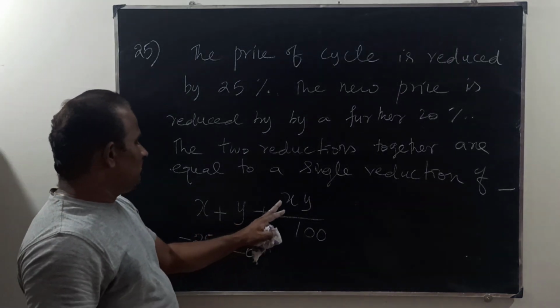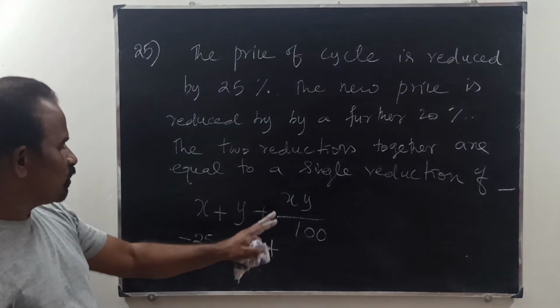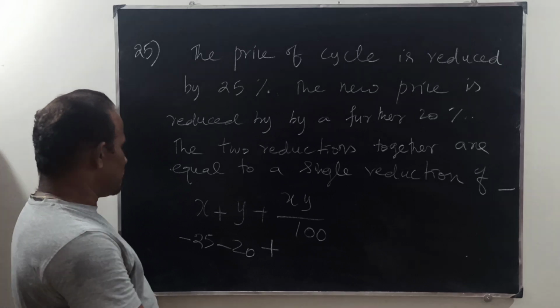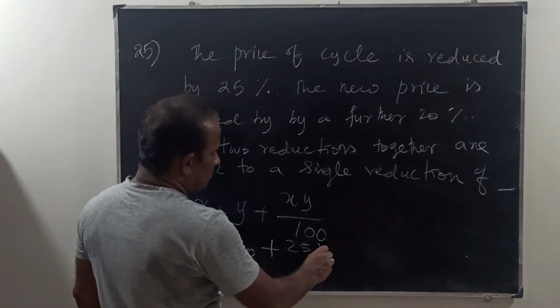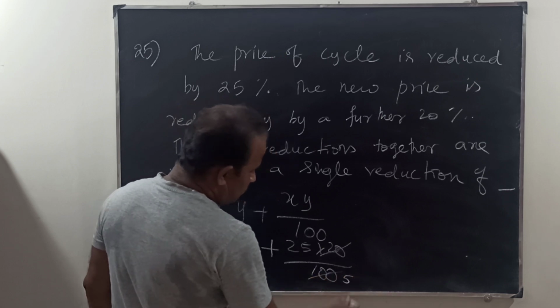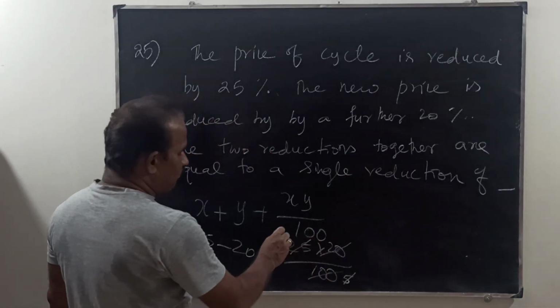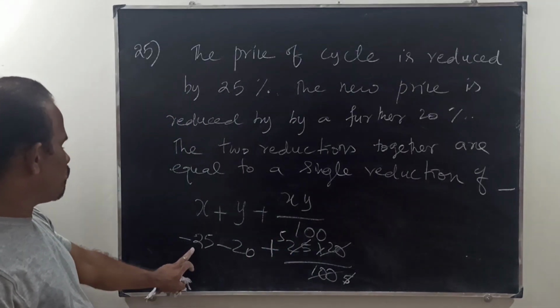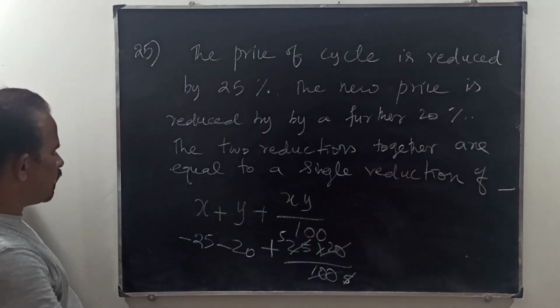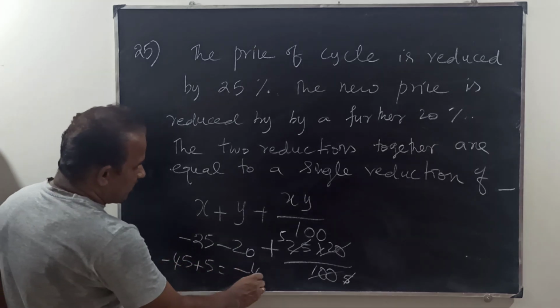Minus into minus again plus. X is minus, y is also minus, minus into minus plus. So therefore 25 into 20 divided by 100, 5 20s are 100. So therefore 5 5s are 25. So minus 25 minus 20, therefore minus 45 plus 5. This is equal to minus 40.